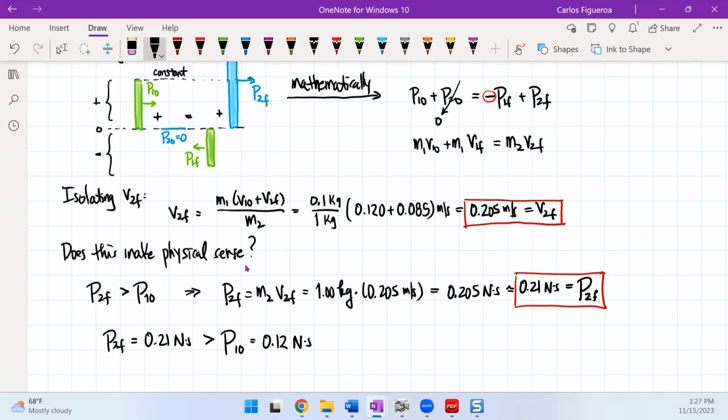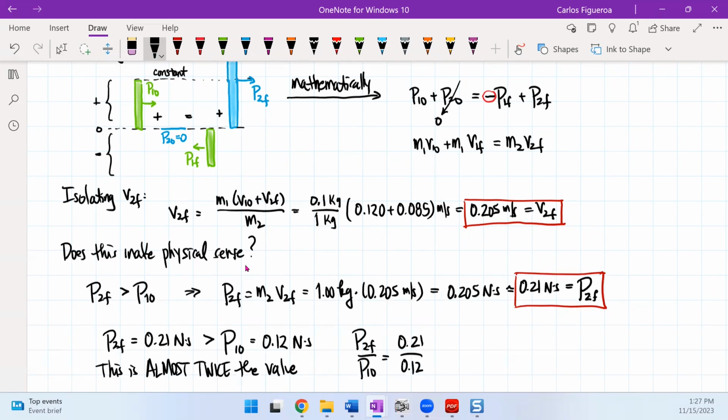You can see here that this is almost twice the value. In other words, if I look at the momentum and I look at this ratio, this is 0.21 and this is 0.12. I'm getting roughly 1.7. Well, that would be equal, but this is approximately almost twice.